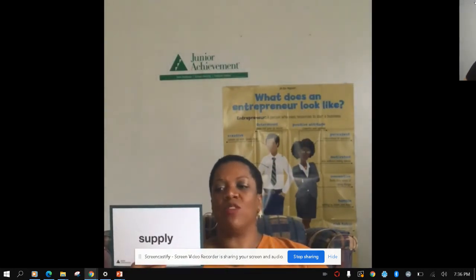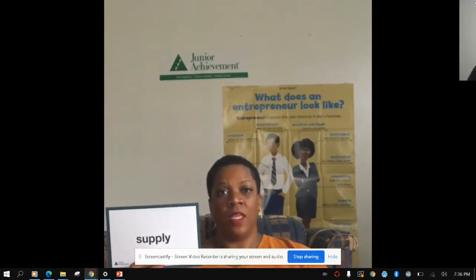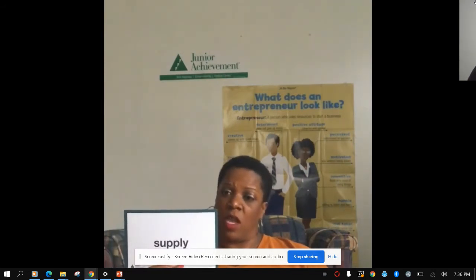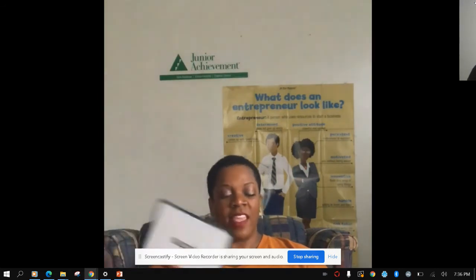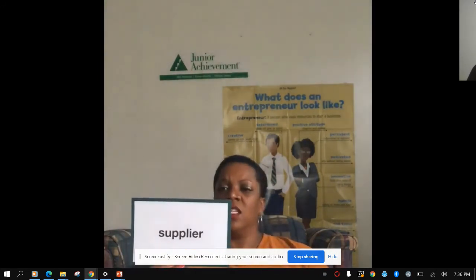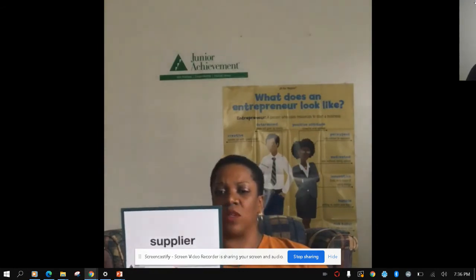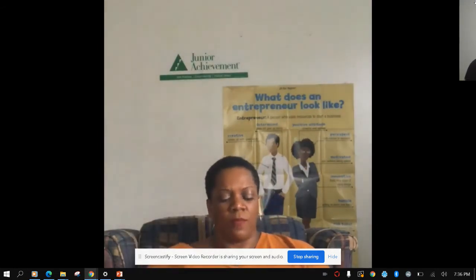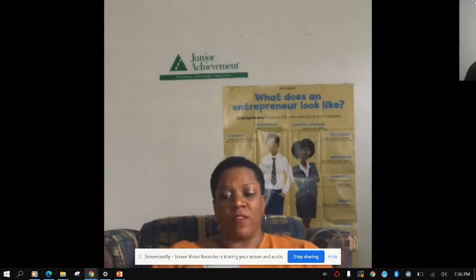Supply is the amount of a good or a service that is available for sale. So if you're a toy maker, how many toys do you have available for sale? And the last word is supplier, someone whose business it is to supply a service or a good to other businesses. So now we are actually going to practice with our problem-solving bookmarks.